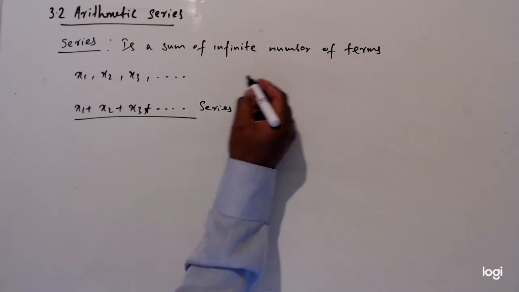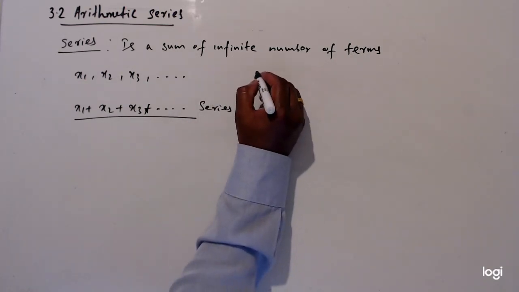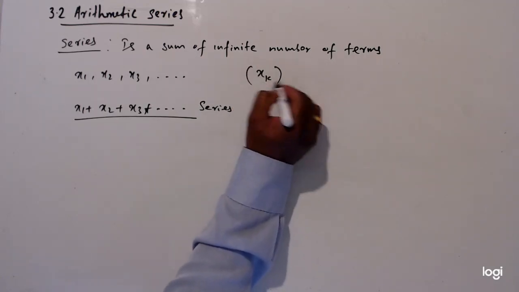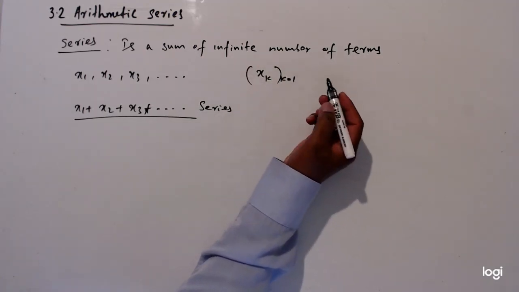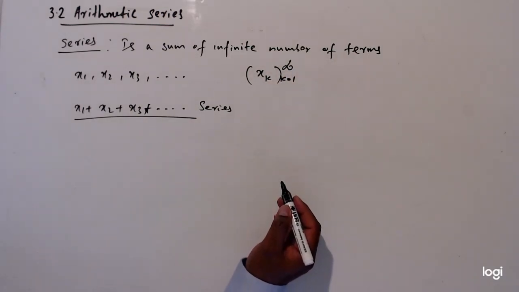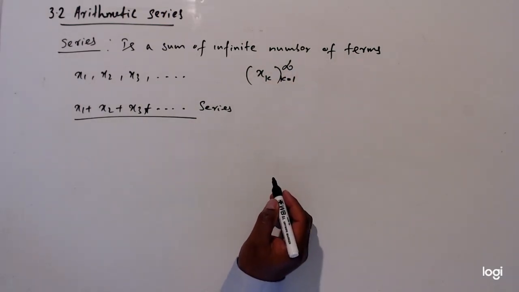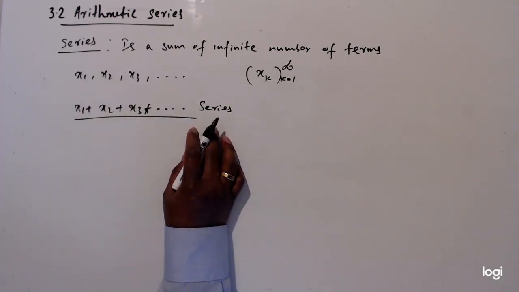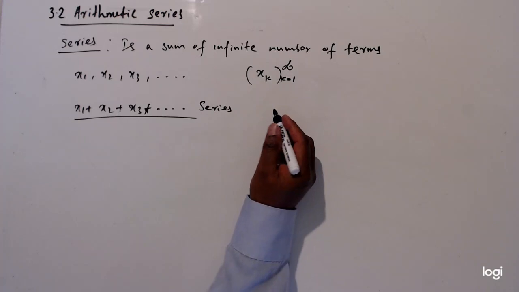We can simply write this sequence as x k, k equal 1 to infinity. So this is the way we can write a sequence and a series. We can write a series using sigma notation.